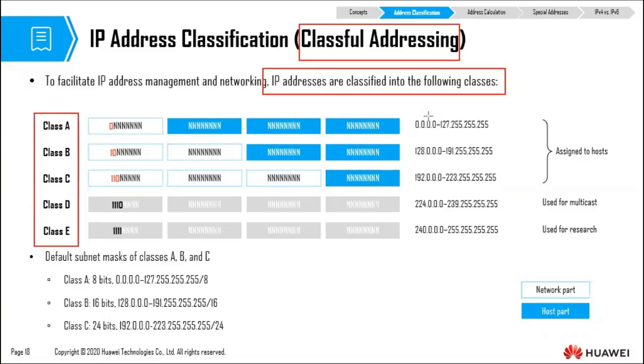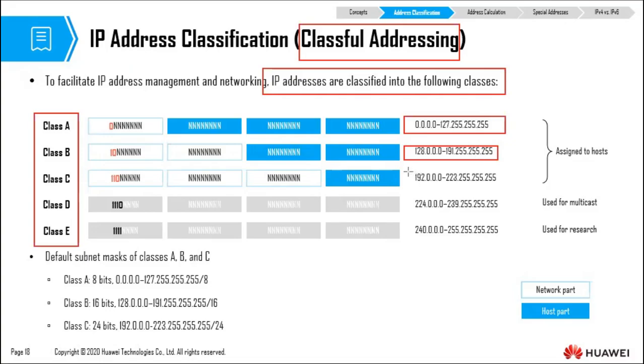Now, you can see, for example, class A covers the range 0.0.0.0 to 127.255.255.255. Class B begins from 128, which is the next address from there, up to 191.